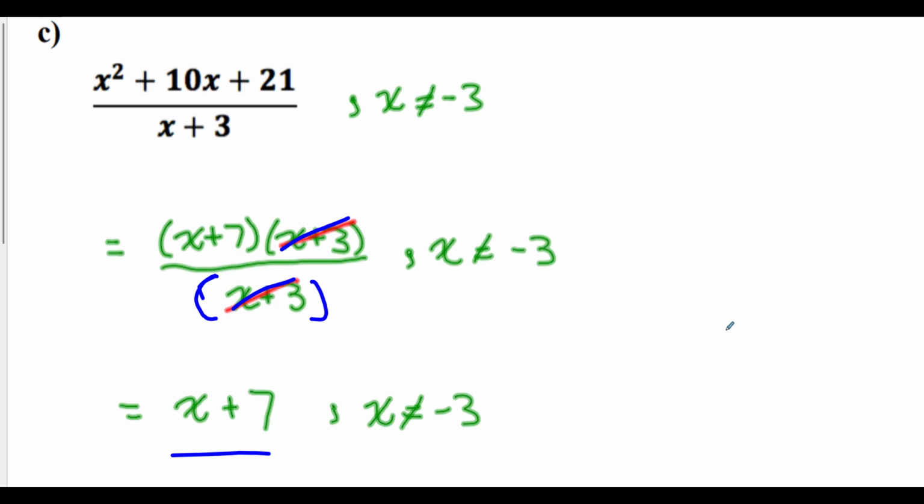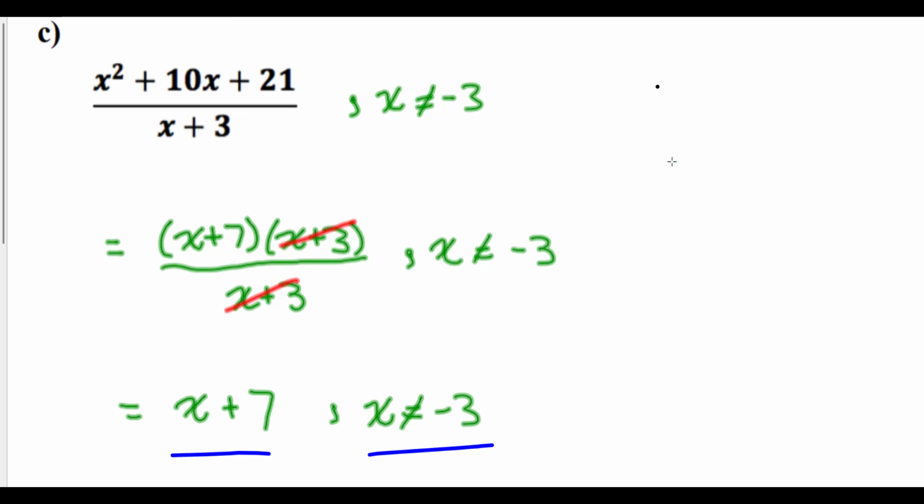Normally, for x plus 7, there are no restrictions because there's nothing to divide by. But remember, in the initial step, you were dividing at one point. So there is a restriction: x cannot equal negative 3. At this point, I'm going to mention something that you will learn in your notes or the video if you watch the video.